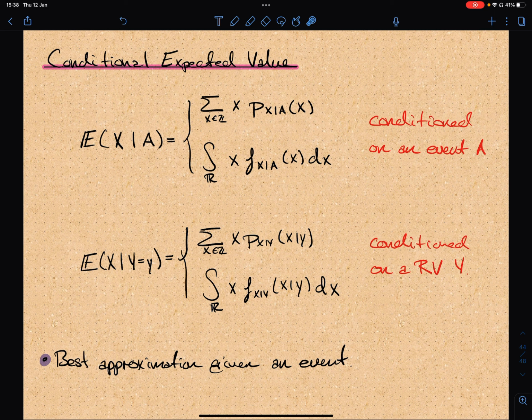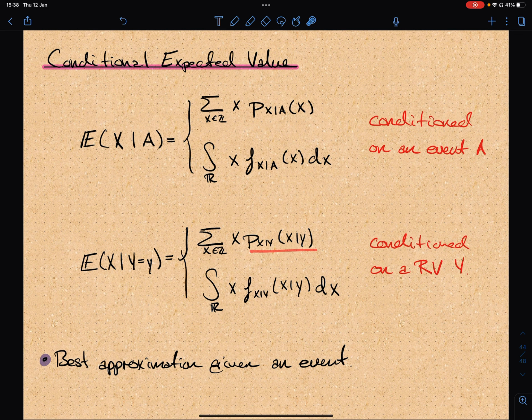And I believe in here, I don't think I gave a precise formula for this conditional distribution function or conditional density function.